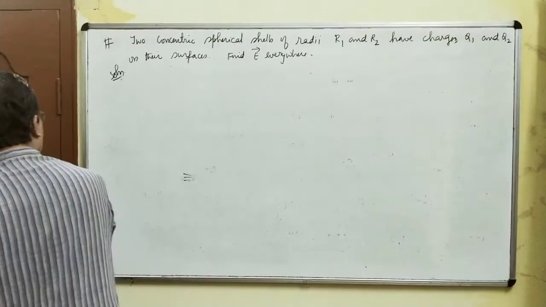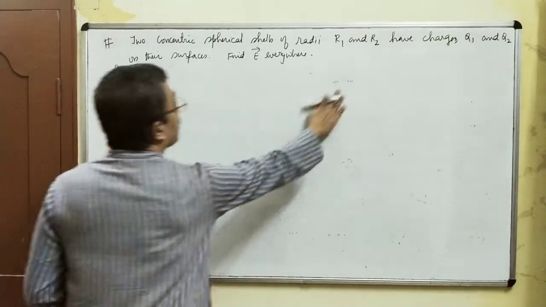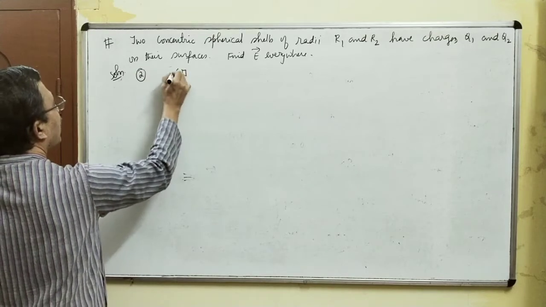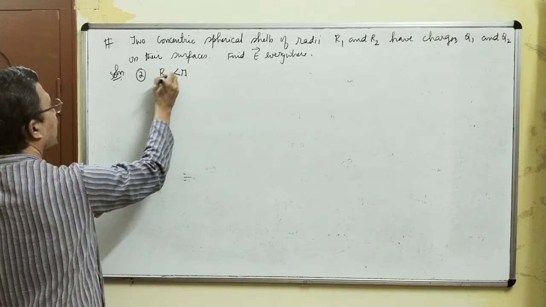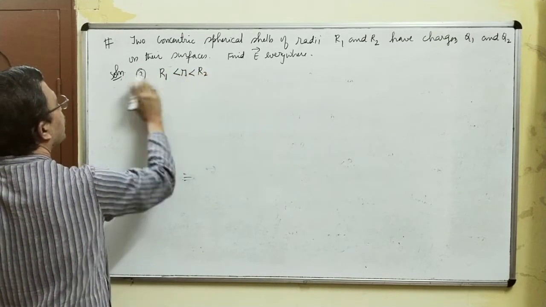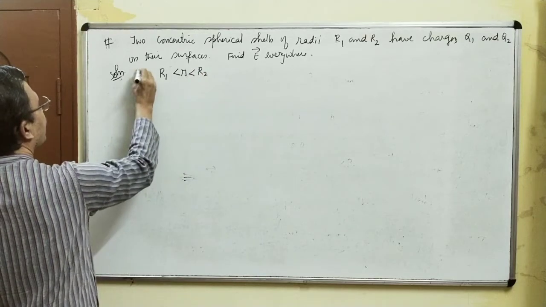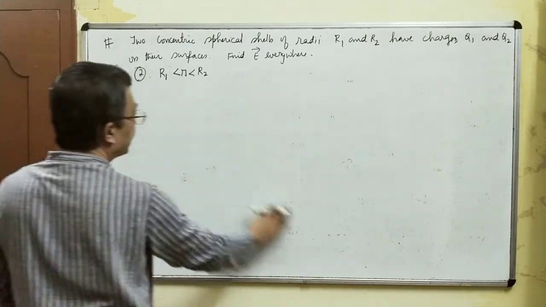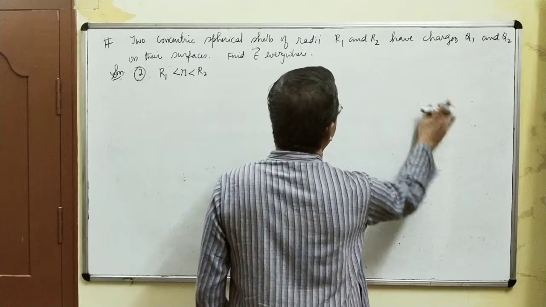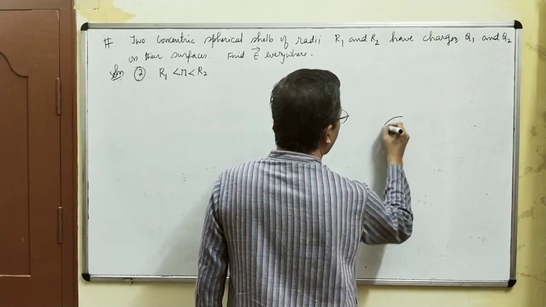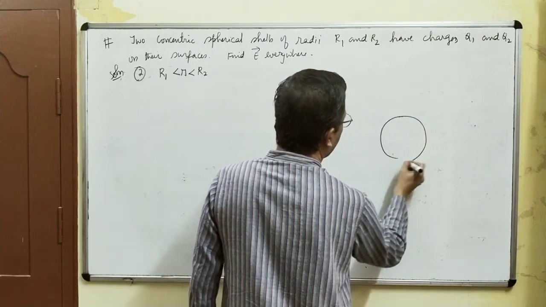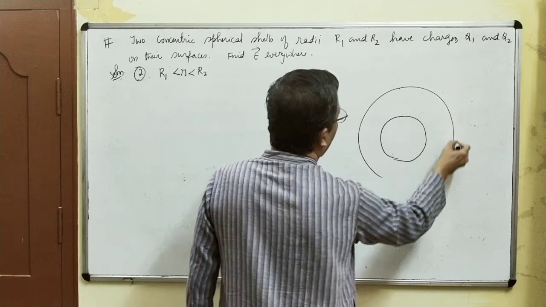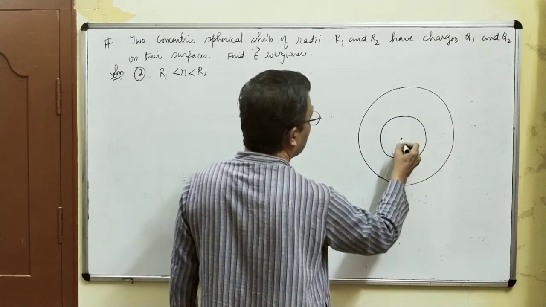I'll go to the second case. Case number 2, R greater than R1 and less than R2. We draw two concentric spherical shells having the radii R1 and R2.